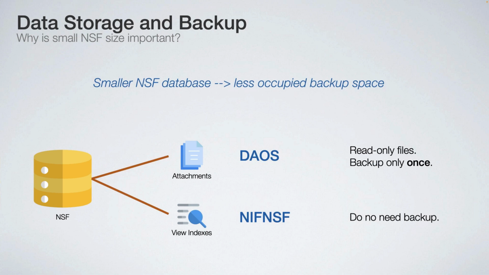Not only for the, let's say, production level, but you have to note that every NSF that is living on the server is copied to some archive and backup solutions several times. So every gigabyte that you save on production level means multiple gigabytes less on archive and backup storage.